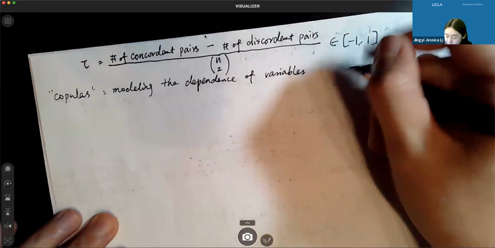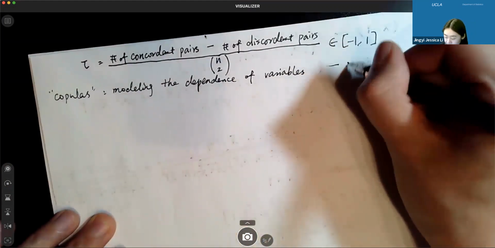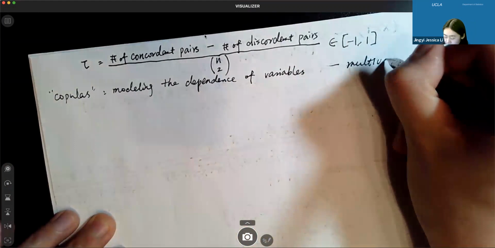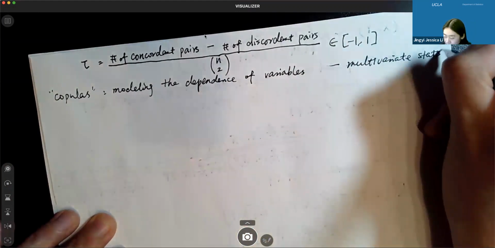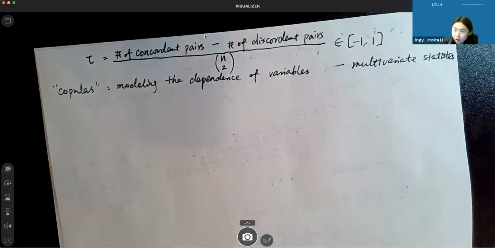So this is a multivariate statistics technique. And in the copula, Kendall's tau plays a crucial role. So you will have a very interesting result directly related to Kendall's tau. So that's why it's very interesting.